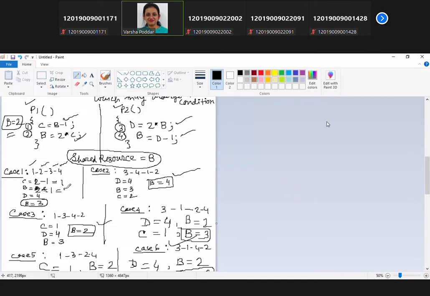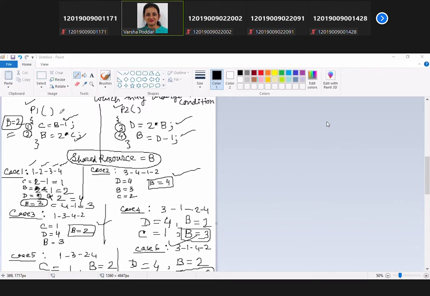So B is 2. Then D equals to 2 into B. Initial value was 2, now the value is also 2. So 4. And B equals to D minus 1, so 4 minus 1, that is 3. Likewise, we are just calculating the values of B in different cases.